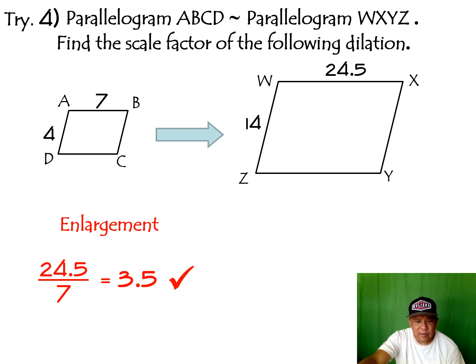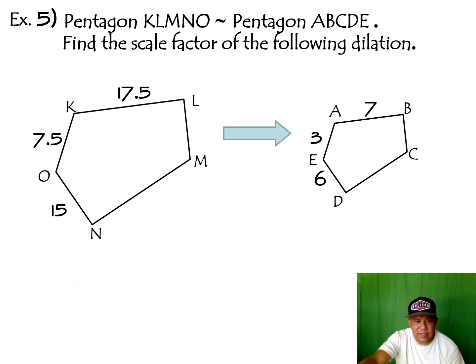Okay. Finally, let's go to the last example, example 5. What's happening here? Obviously, you can see that this pentagon has gotten smaller. So this is a reduction. Again, same principle. Take the right side divided by the left side, which is 7 divided by 17.5.